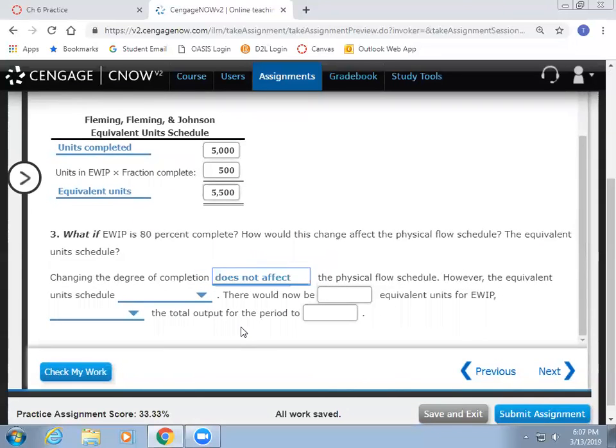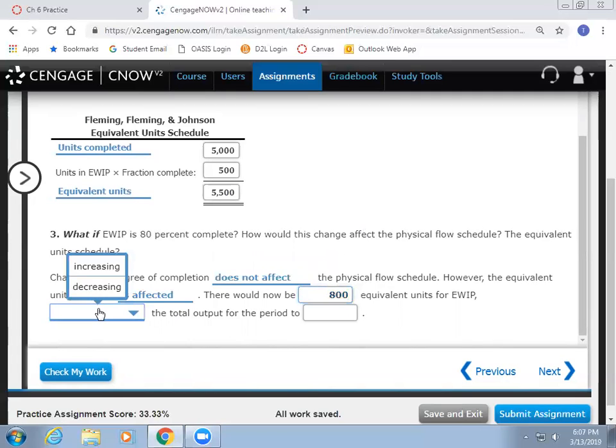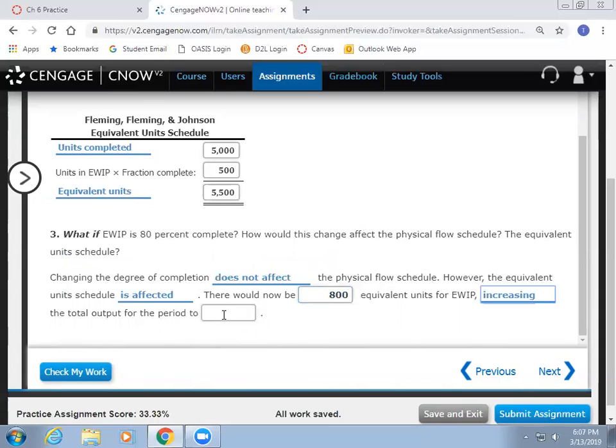However, the equivalent unit schedule does get affected, correct? And how many equivalent units would be in ending work in process? 800, very good, 80% of the 1,000. And that would do what to the total output? Increase, perfect. And how much would that be? 5,800, good.